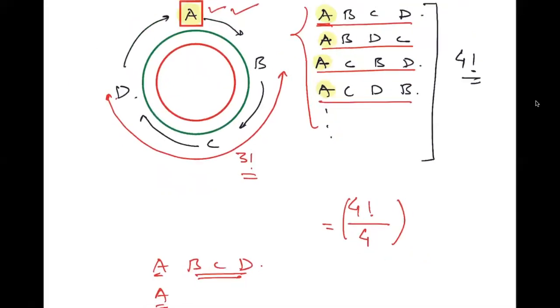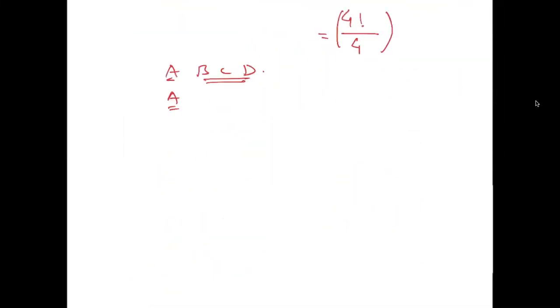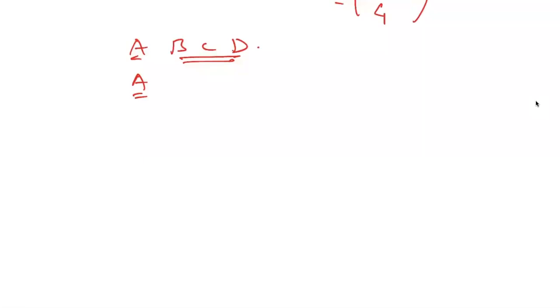So if we have to arrange in a circular way, then for n persons, the total will be n minus 1 factorial. We have to fix the position of a person, then only we can go for the other persons.